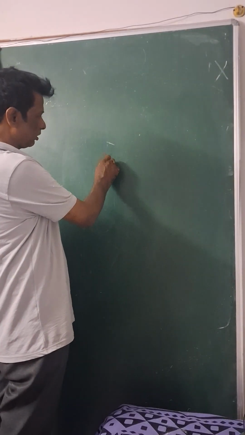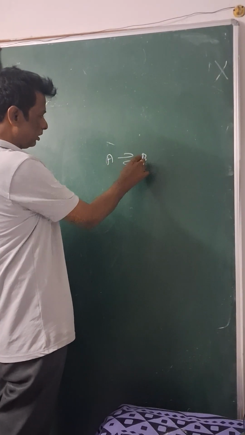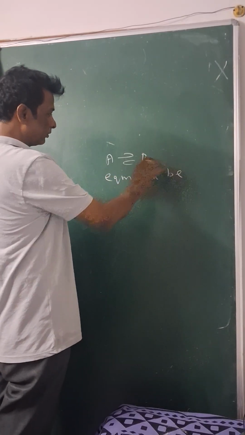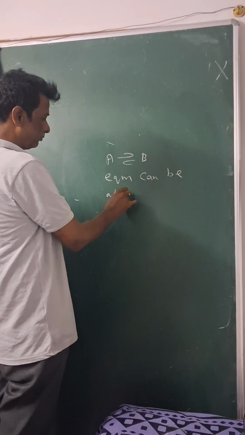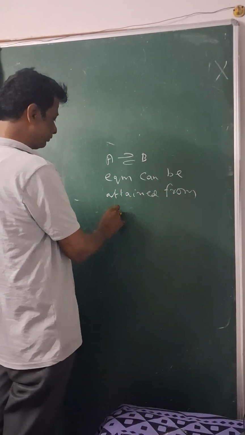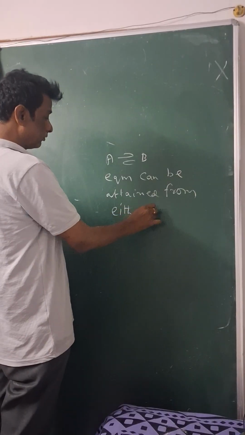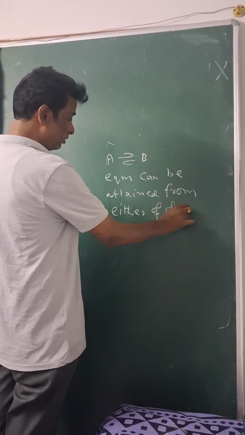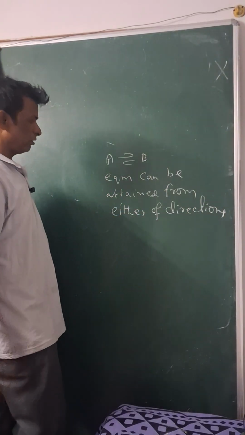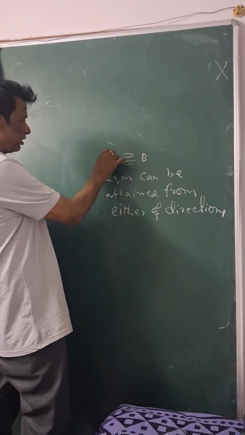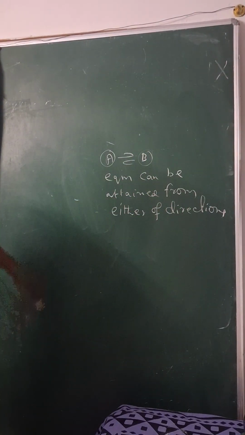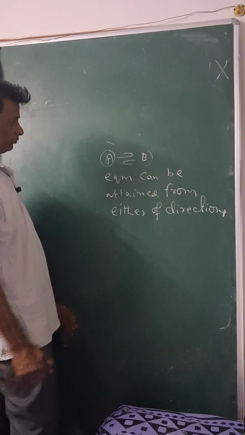You start with A or start with B. Equilibrium can be attained from either of directions. Left hand side or right hand side. Start with reactants or start with products. You will get equilibrium at the same conditions.